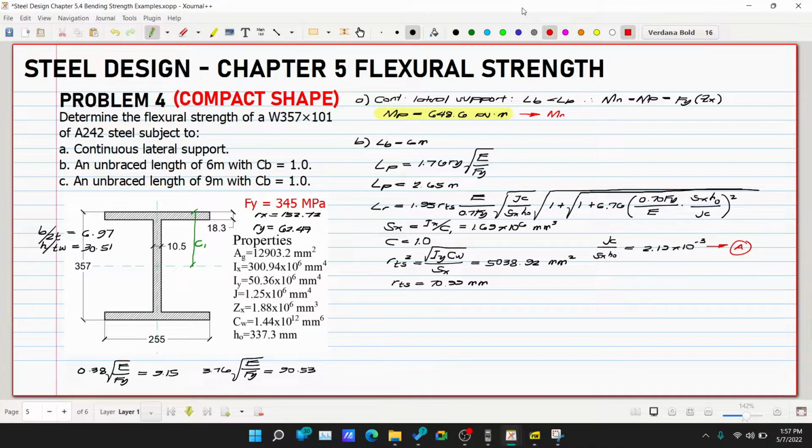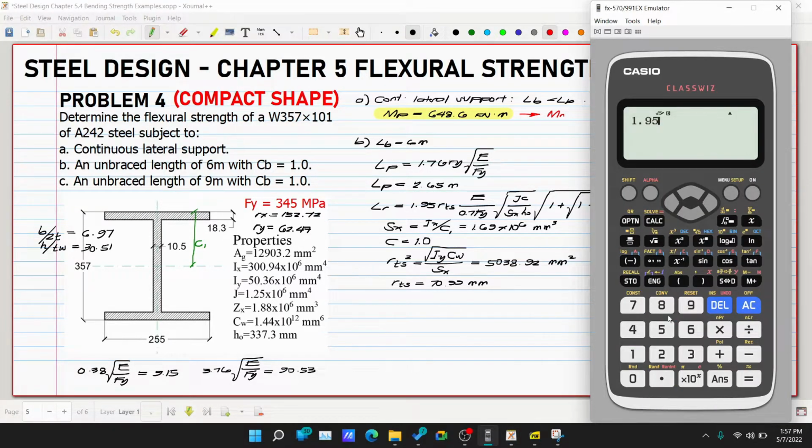Okay na ba tayo lahat? So, check natin. Okay, okay na lahat. So, 1.95 RTS 70.99.